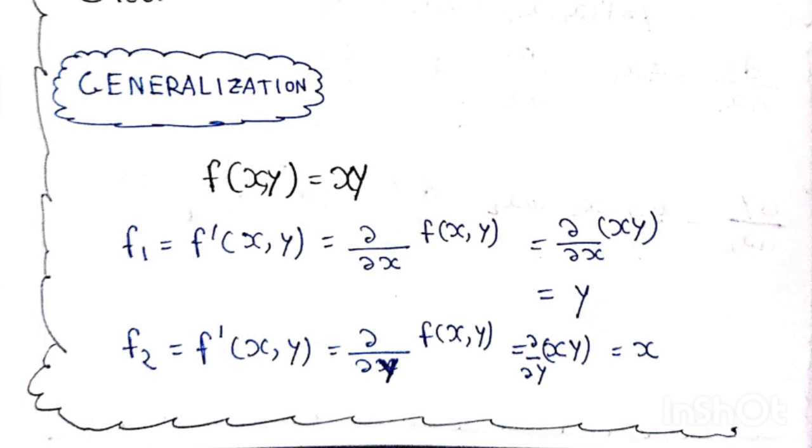So basically f1 is the partial derivative of x into y with respect to x, that will be equal to y. What is f2 here? f2 is the partial derivative of the function with respect to y. That means f2 is the partial derivative of xy with respect to y, that will be equal to x.